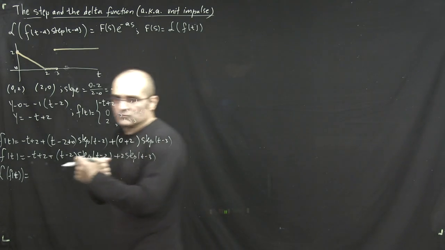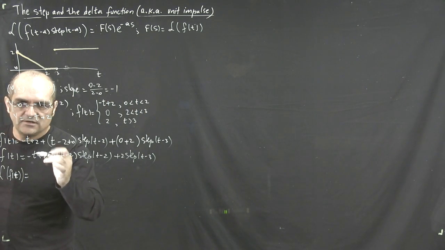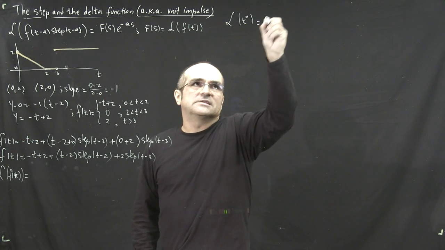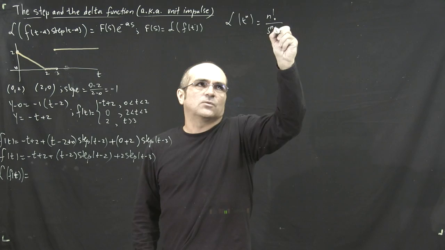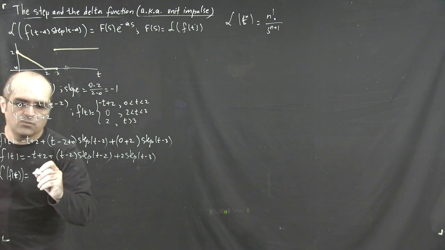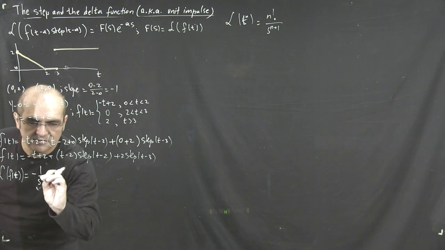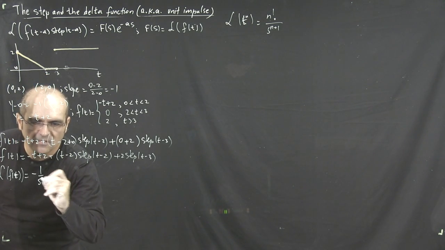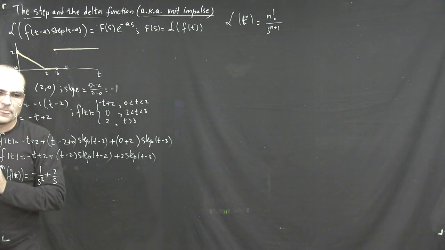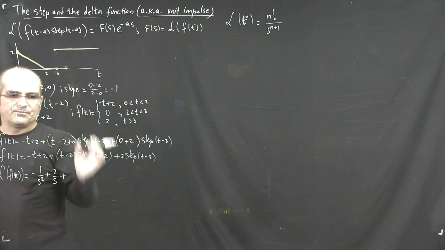Let's try to do this in one step, because it's not that difficult. L of t to the n is n factorial over s to the n plus 1. So L of t is 1 over s squared. So this is minus 1 over s squared. L of 2 is 2 over s. This one now deals with the delay theorem, so let's do it in our mind.